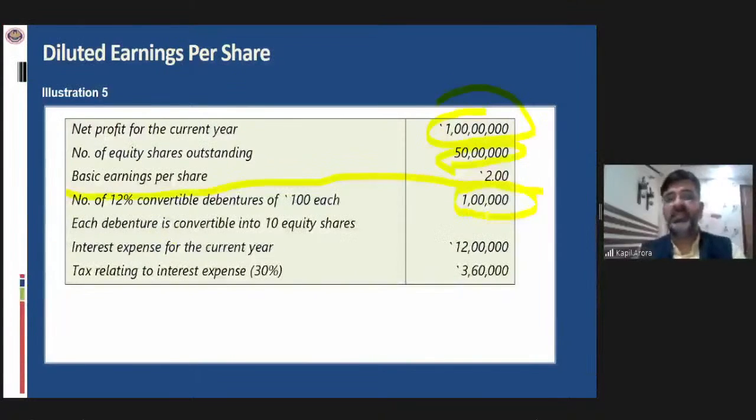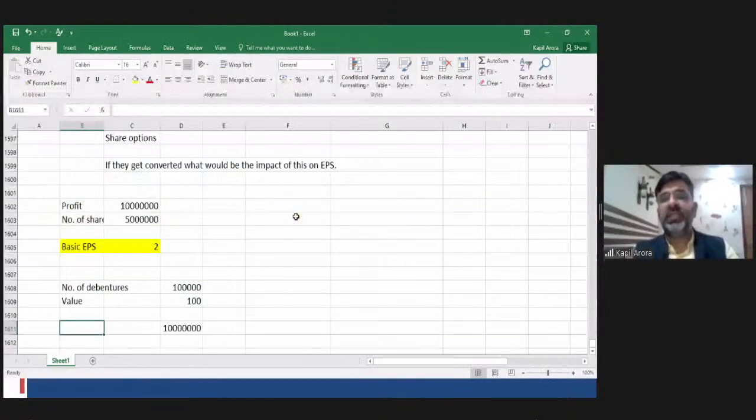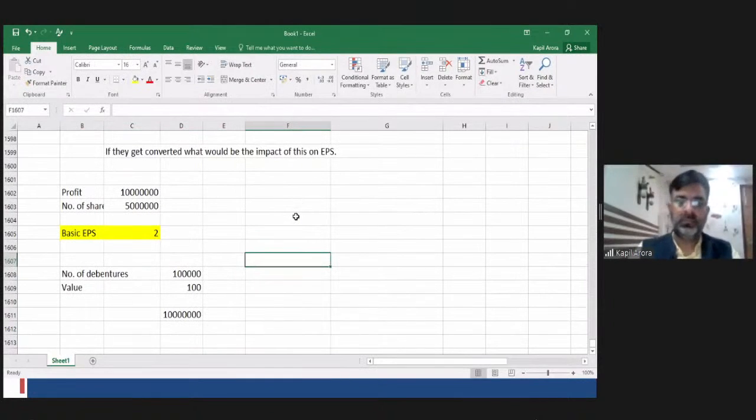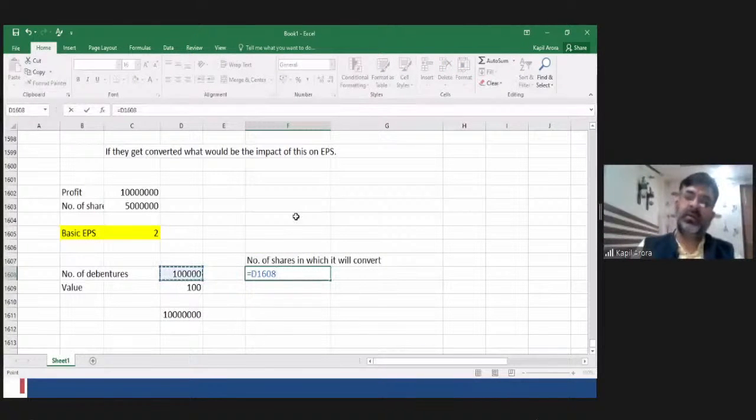Each debenture is convertible into 10 equity shares. So how many shares will it get converted into? The number of shares is 1 lakh into 10.